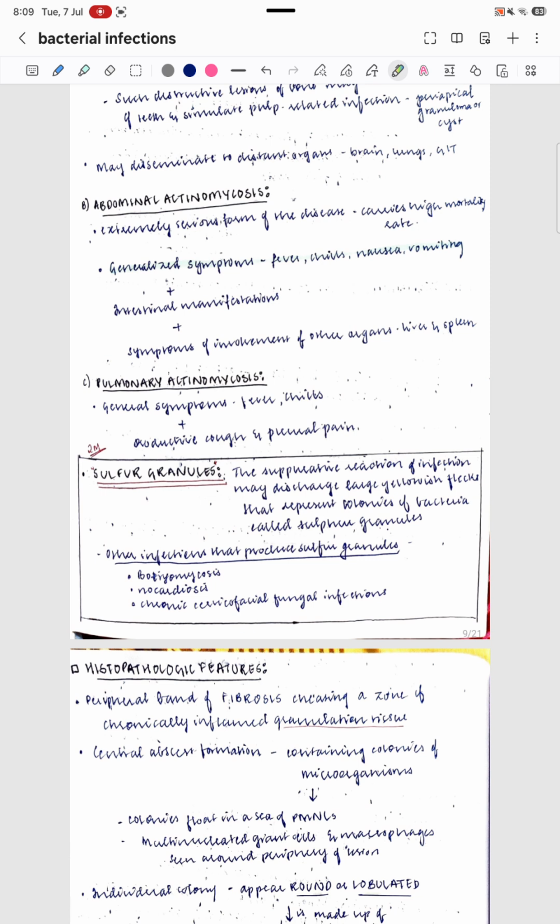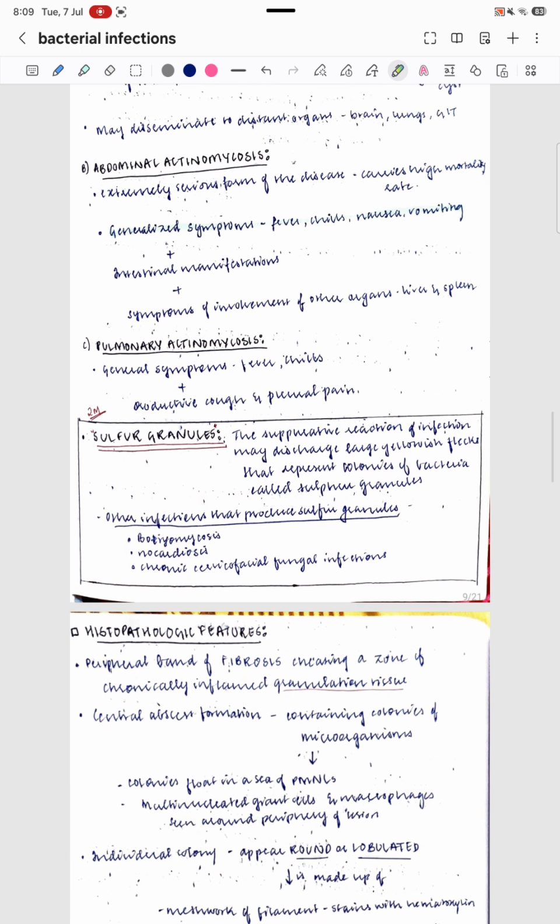As a dental student, we do not have much interest in abdominal actinomycosis, but since we have to read about it, I have written a few points which you can write in your exam. If actinomycosis has been asked as a 5 marker, you can write 3 points: the abdominal actinomycosis is severe and has a high mortality rate. It has generalized symptoms with clinical manifestations, and it can involve other organs. That's all you can write about abdominal.